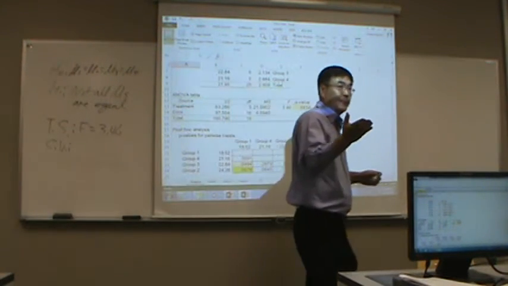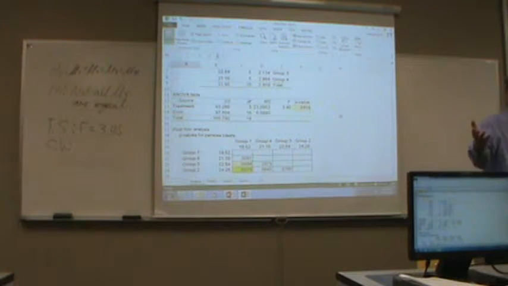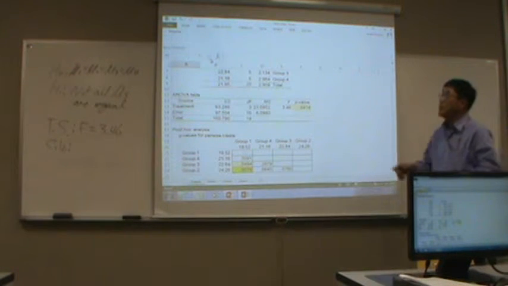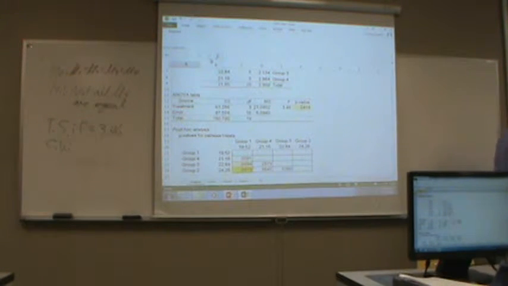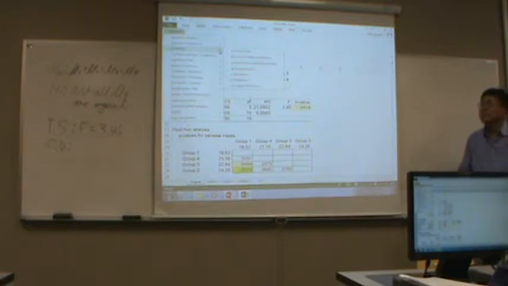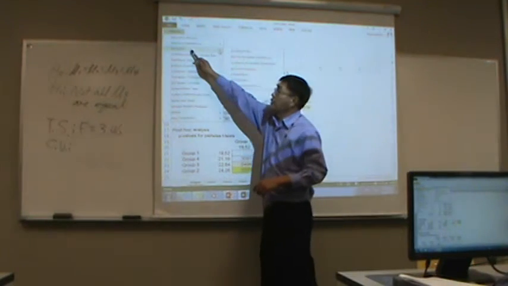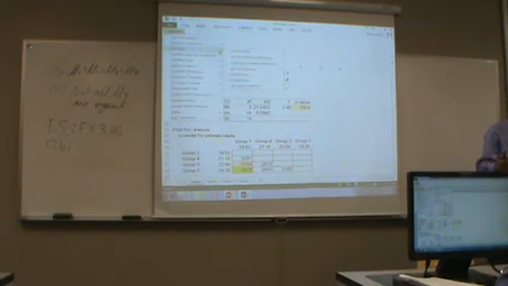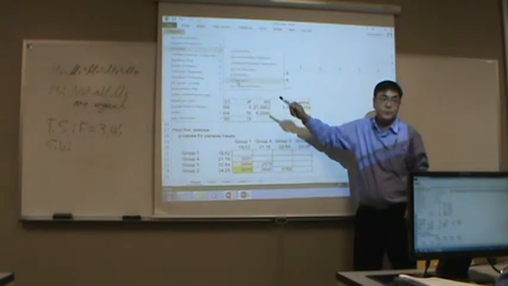From a table, if you have a textbook, you can use the textbook table, but we can find critical value using MegaStat. Click MegaStat again, then probability. This test is F test, right? So F distribution, go down and click F distribution.